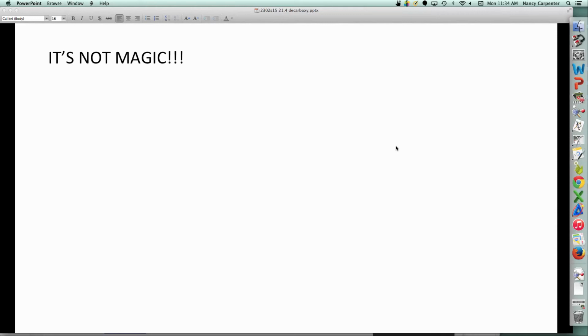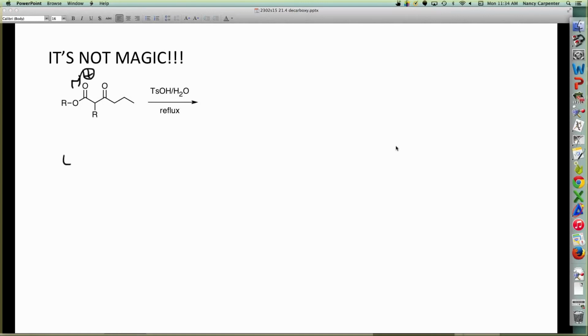Alright, so it looks great. It looks like magic. It's not magic at all. Once you have alkylated your active methylene, all you have to do is hydrolyze your ester. So protonation of your carbonyl, followed by attack by water, up, down, out.